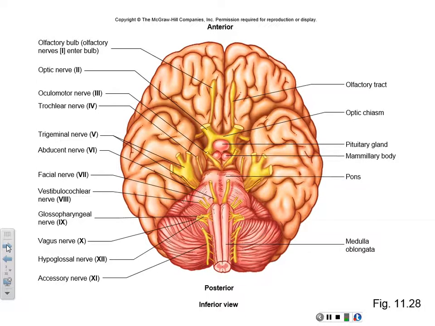So these are them. You can see these two here: optic number 2 and olfactory number 1, like that. They do not arise from the brainstem, and this is the brainstem. And all of the others, you see what I'm saying, arise from the brainstem. And towards the end of the lecture, we're going to talk about brainstem reflexes, okay?